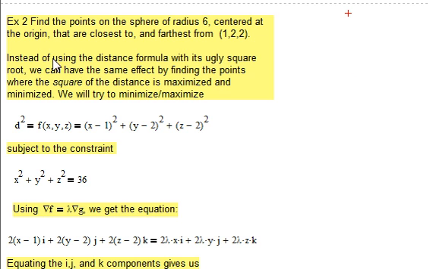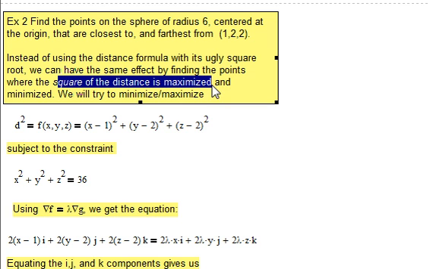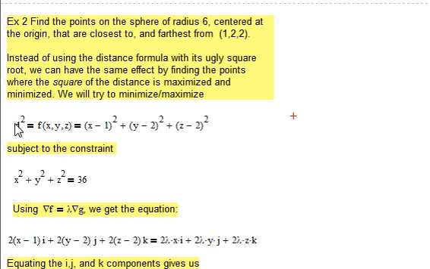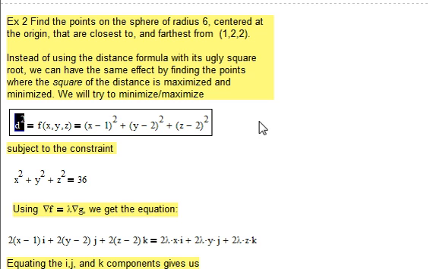Okay. So instead of using the distance formula with this ugly square root, we're going to have the same effect by finding the points where the square of the distance is maximized and the square of the distance is minimized. And so we'll try to maximize d squared and we'll also try to minimize it.